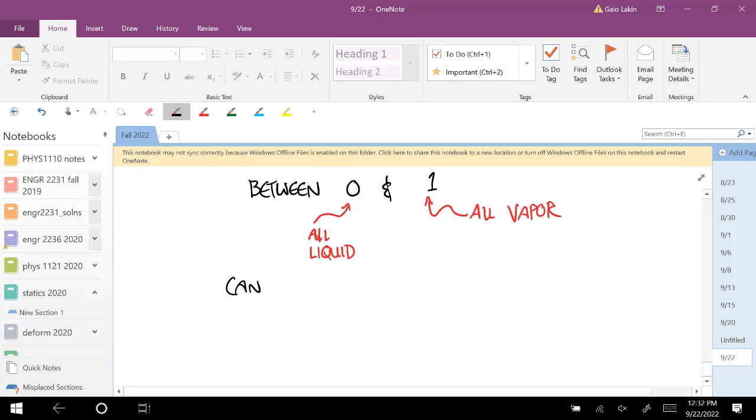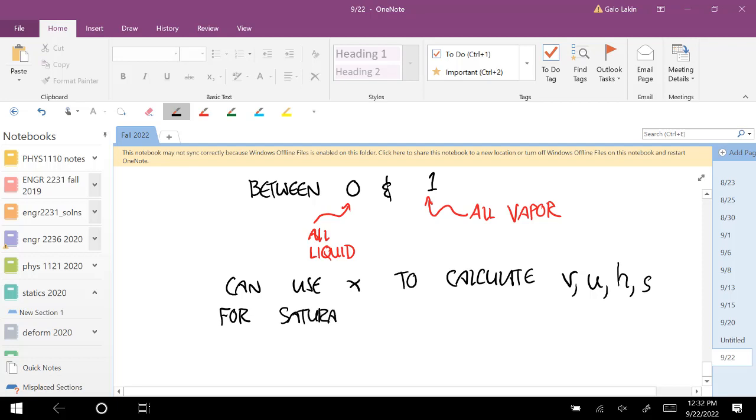So you can use this quality x to calculate lowercase v, u, h, or s for saturated materials with a mixed phase.